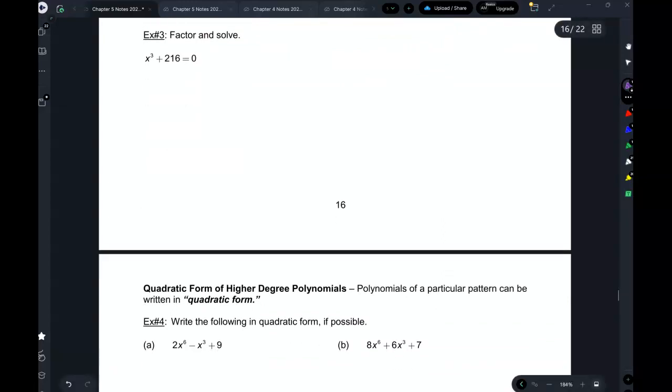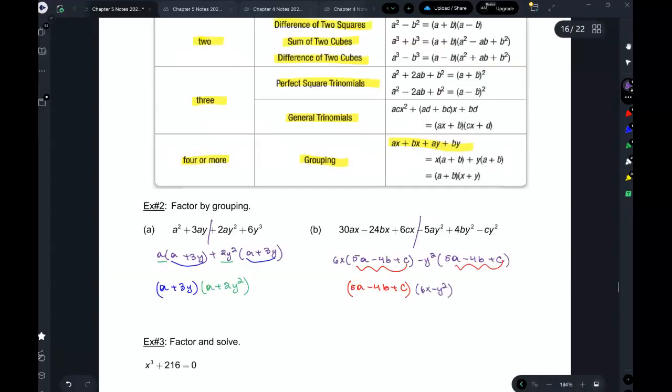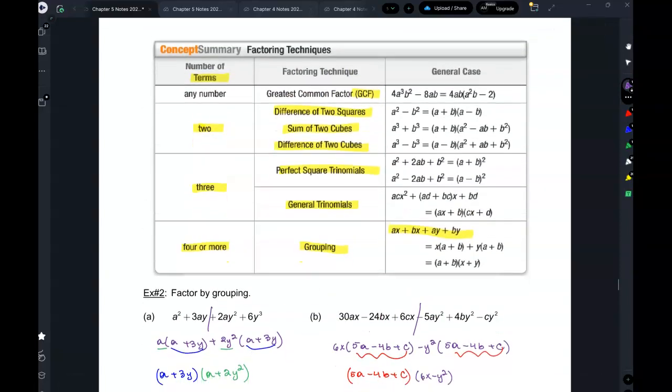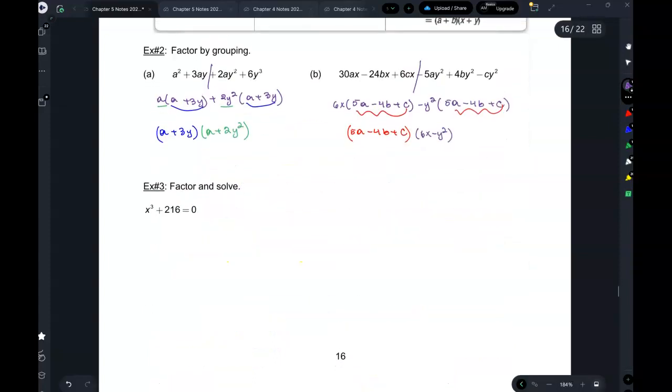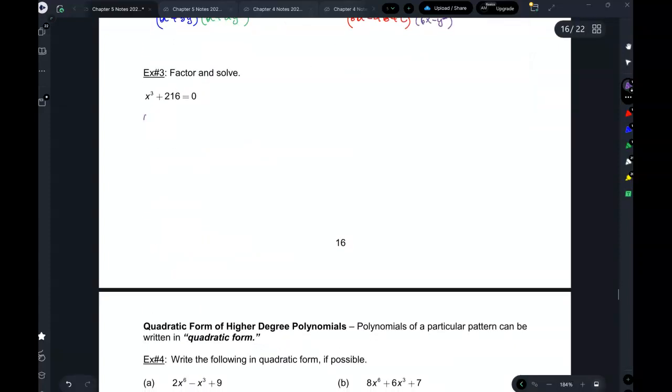Okay, so how are we going to factor this? 2 terms. Which one of those can we use? Sum of cubes. So x plus 6, x squared minus 12x plus 36. Ooh, did I do that right?